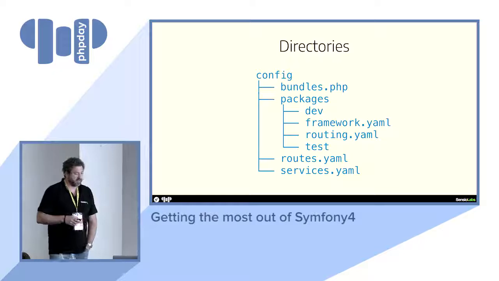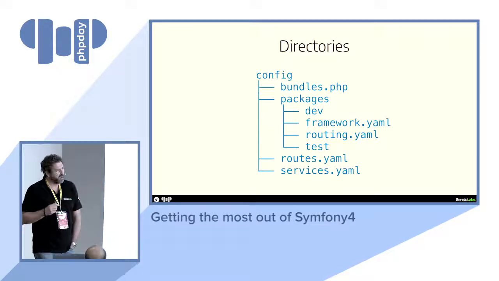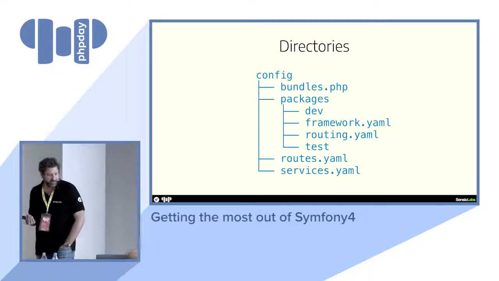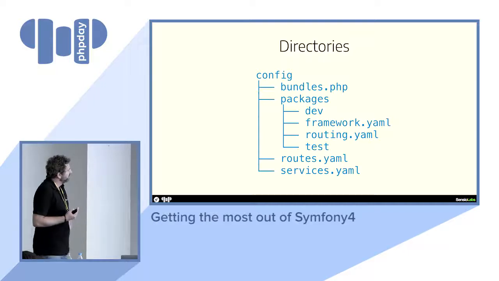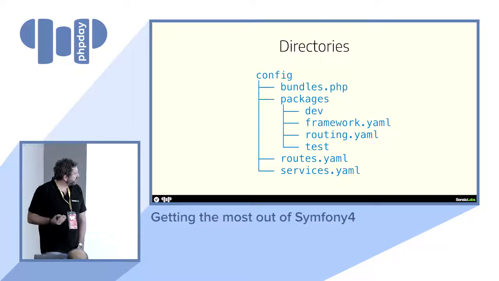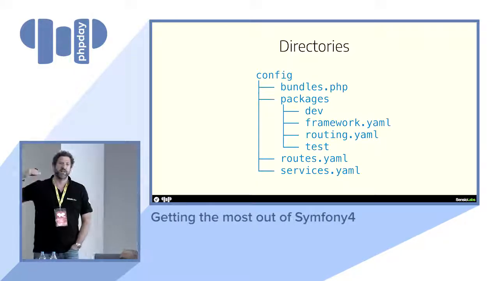Inside those directories, a few things have changed. The biggest change is probably structurally in the config folder, because we have now, to say it simply, we have split up configuration blocks that have formerly been in the config.yaml into their own packages.